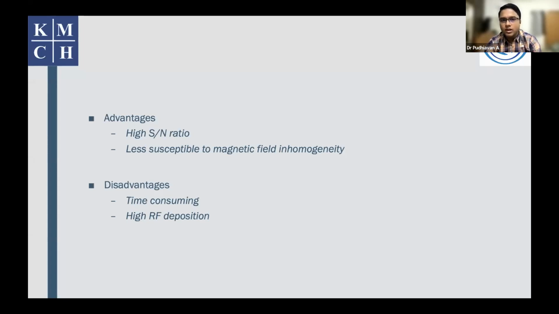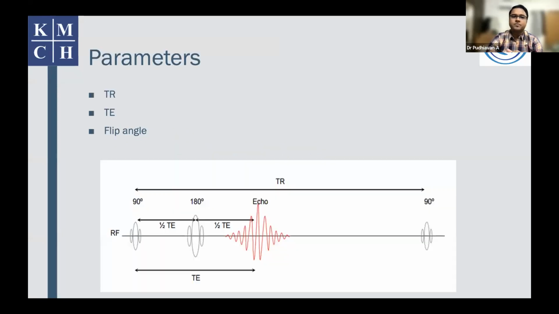There are 2 radio frequency pulses given for every single spin echo sequence. So this results in a higher radio frequency deposition, which can produce a rise in temperature in the patient. Though that may not be very important from a practical standpoint, it is still a disadvantage that there is a high RF deposition because of the spin echo sequence.